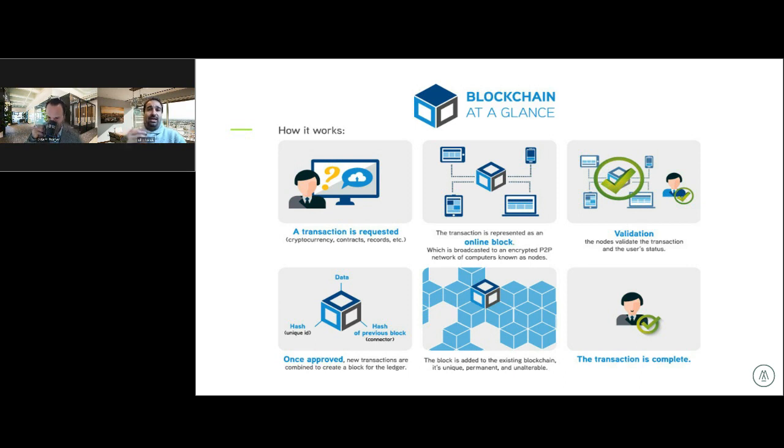So if we take a step back, we could think of the blockchain as a massive Google spreadsheet that's shared amongst numerous computers in a network. And the fascinating thing about this is that everybody can see the data, but nobody can manipulate or corrupt the data. The blockchain itself is not governed by the community.